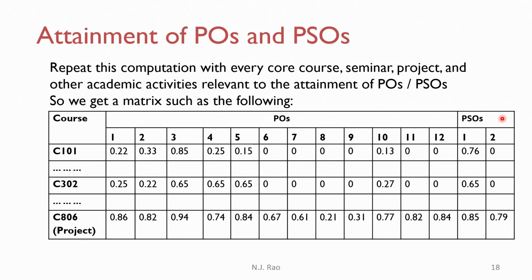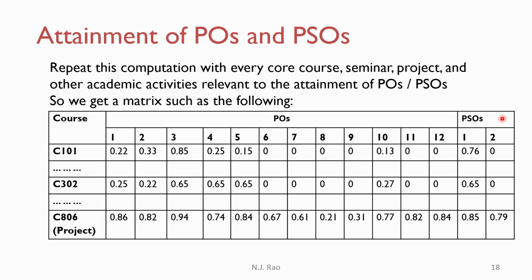Now, what do we do? We do this for every core activity, be it a course or a project. We label them with the corresponding value and then record the attainments in this form. When you have it like this, you may have something like 30 to 35 rows representing all the core activities.